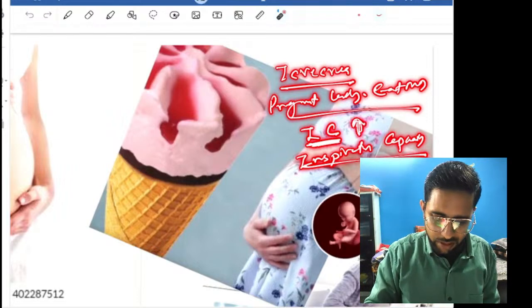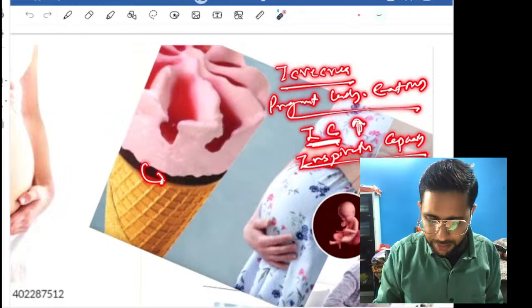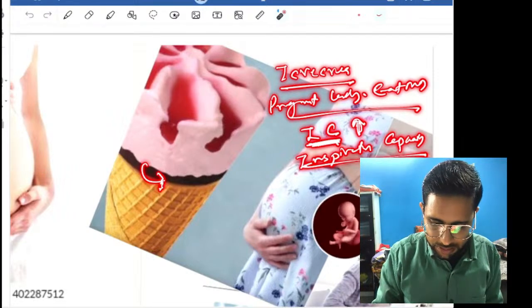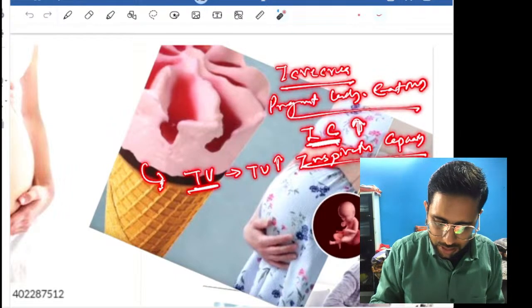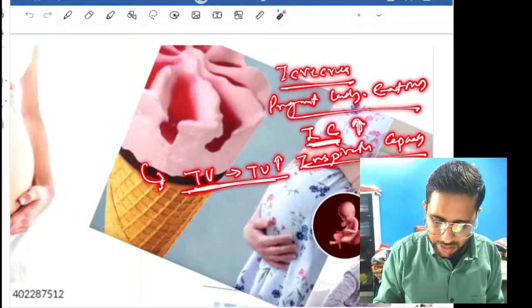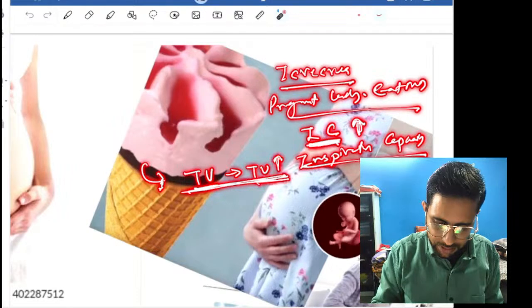increases. That is what we studied in the respiratory changes yesterday. Yes, Dr. Sofa, very good answer. So ice cream increases. We also see TV: pregnant lady watches more TV, so TV means tidal volume increases. And more ice cream, so inspiratory capacity increases.